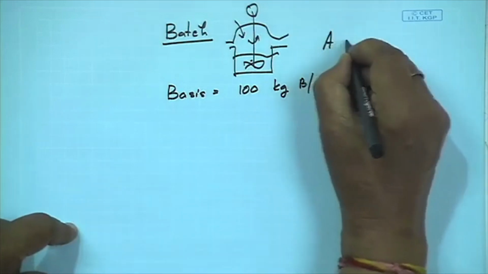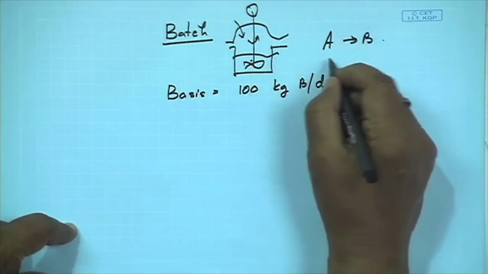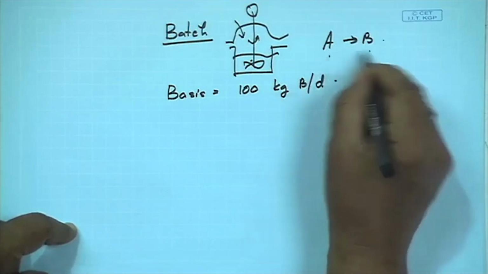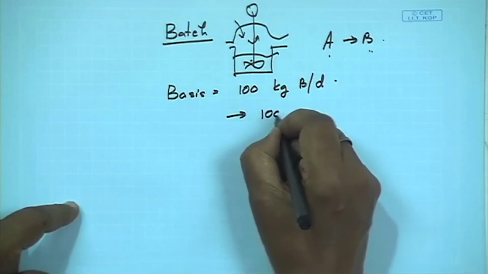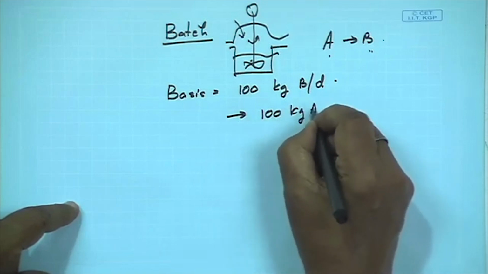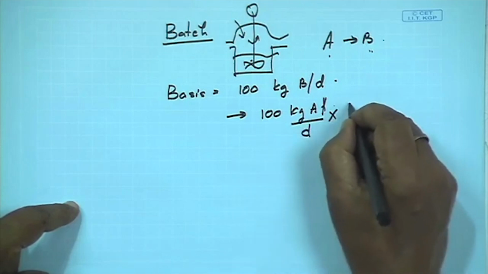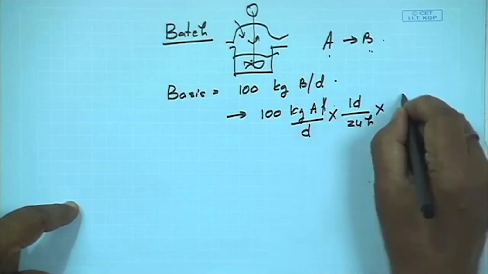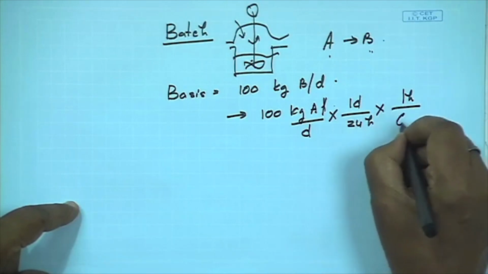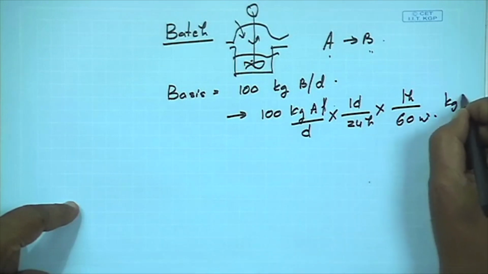So, same reaction A to B, and we consider this is glucose to fructose. So same, 1 gram of substrate gives 1 gram of product. So, I can write this produces, this requires 100 kg of A per day. Again you can convert using 1 day equal to 24 hours and 1 hour equal to 60 minutes. So, you can easily calculate the kg of substrate required per minute.